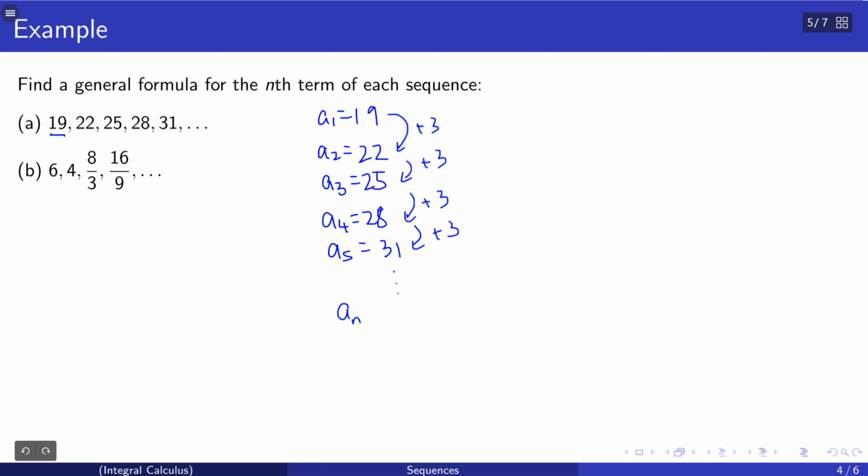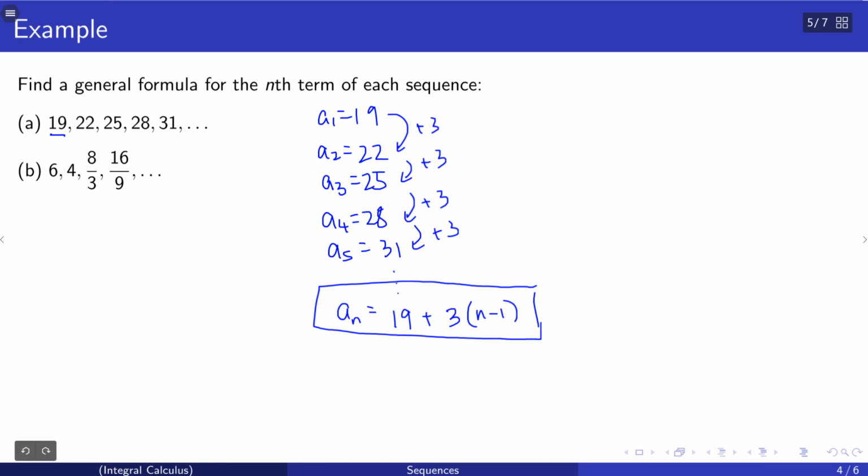And so a sub n is going to be equal to what? Well, you're starting with 19, and you're adding 3 n minus 1 times to get to a sub n. So that's your general formula, and you can check that it works here.